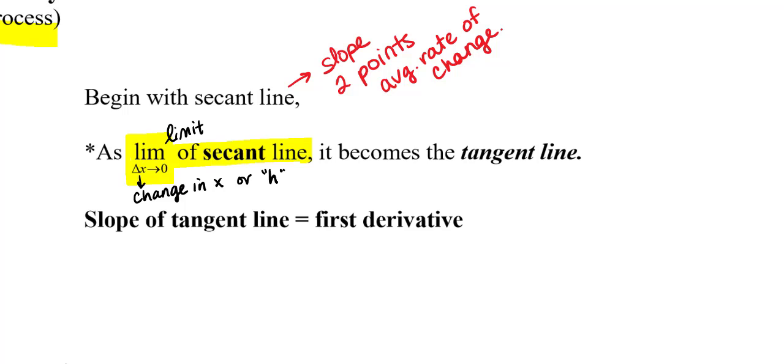So what happens is, as the 2 points become as close as possible, they're virtually becoming 1, but you still have them separated as 2 points, because in order to calculate slope, we need 2 points. But as they are becoming 1, your line is becoming the tangent line.